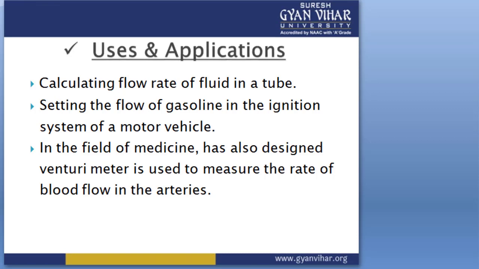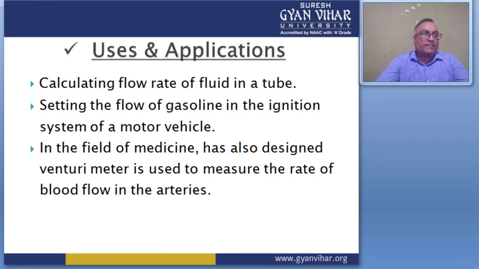And these are the different kinds of usage and application of the venturimeter. It is used for calculating the flow rate of fluid in a tube, and setting the flow of gasoline in the ignition system of a motor vehicle. In the field of medicine, it is used to measure the rate of blood flow inside the arteries.